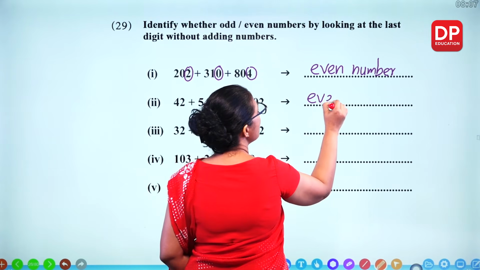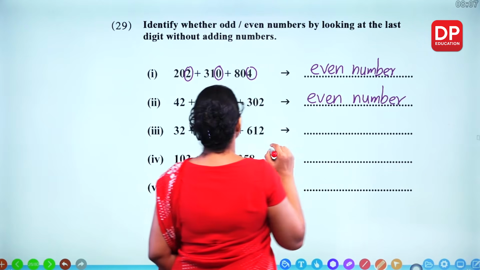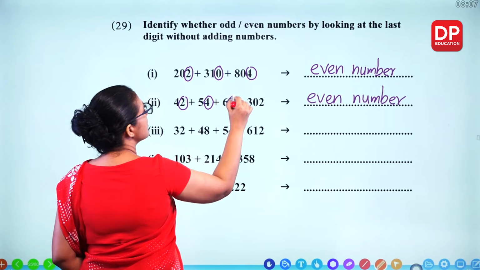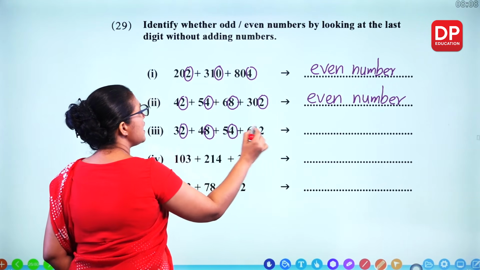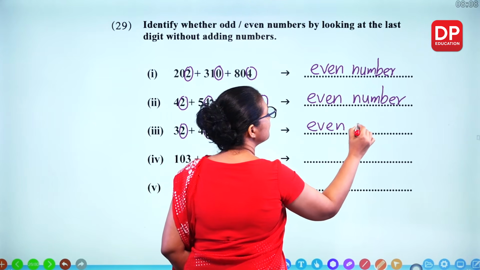That's an even number. Those are these digits. 2 and 8, 10. 14, 16. Even number.